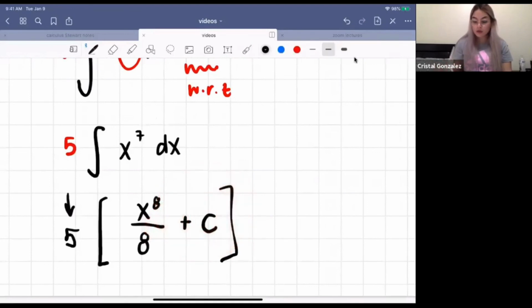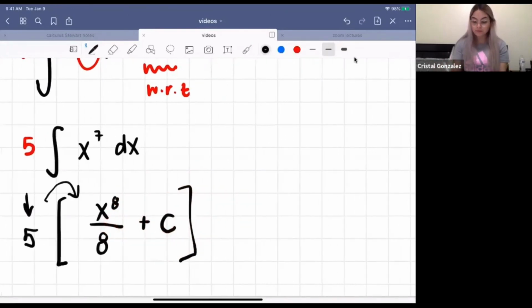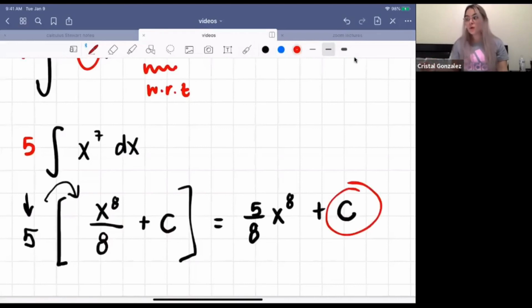And now we're going to distribute this 5 in. It's going to sound a little bit weird, but when I distribute the 5 in, I'm going to get 5 over 8, nothing too crazy here, x to the 8 plus c. Now here I don't need to write 5 times c, because I don't know what c is, so it doesn't matter.